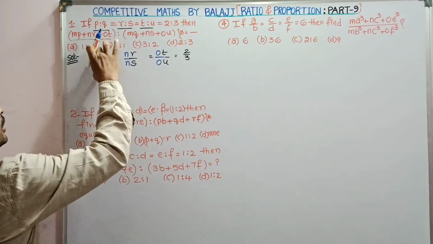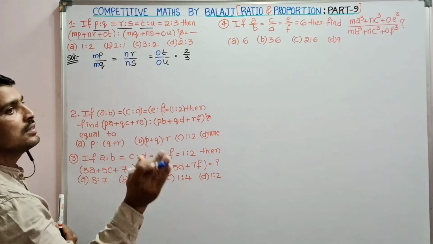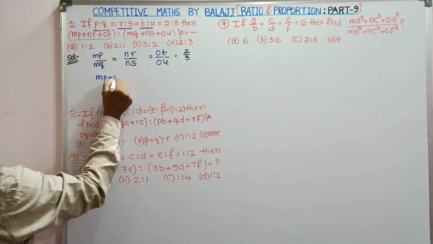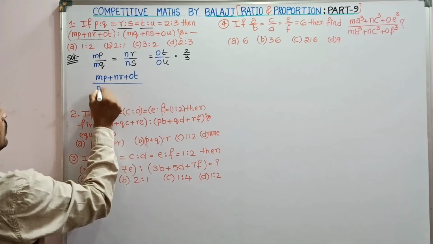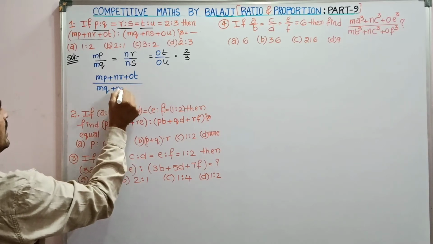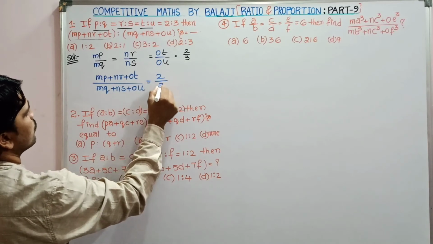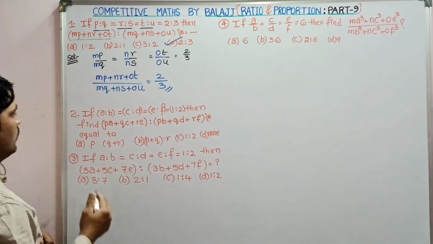That means each ratio is equal to the sum of their numerators by the sum of their denominators. Therefore, MP plus NR plus OT by MQ plus NS plus OU is again also equal to 2 by 3. So the answer is 2:3. Okay.